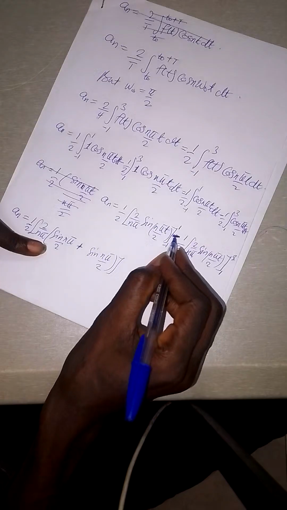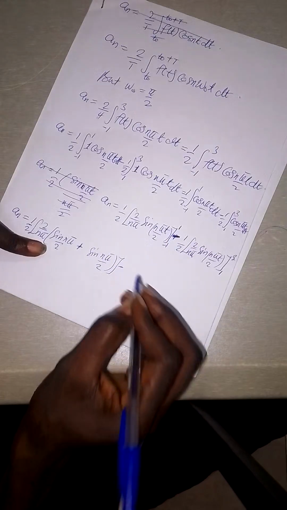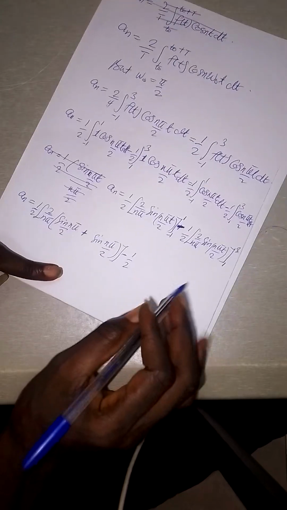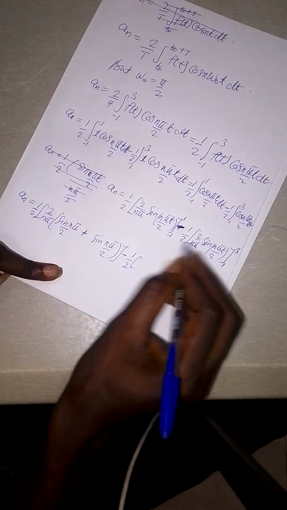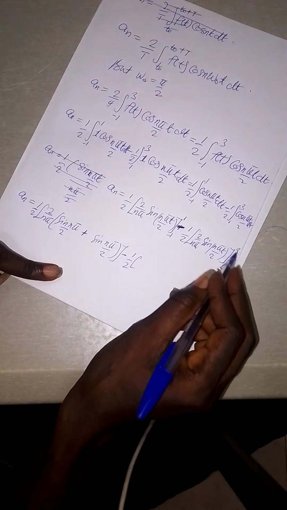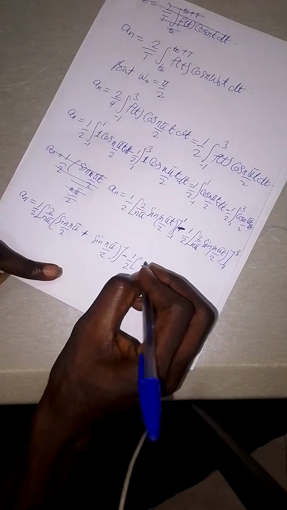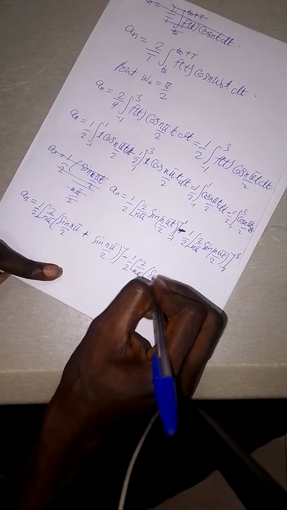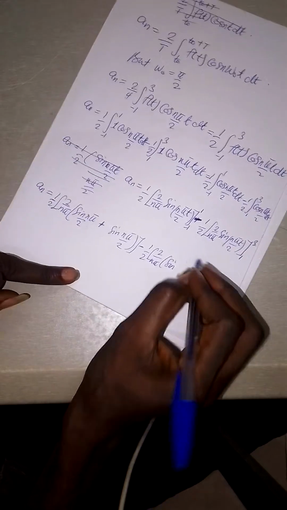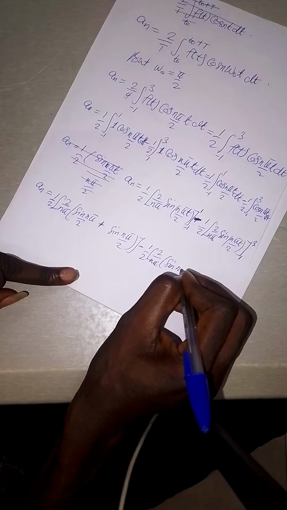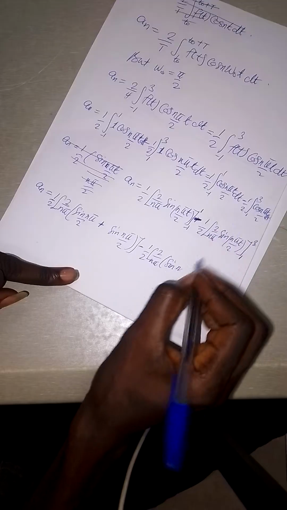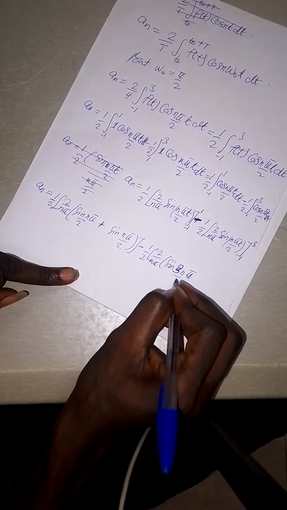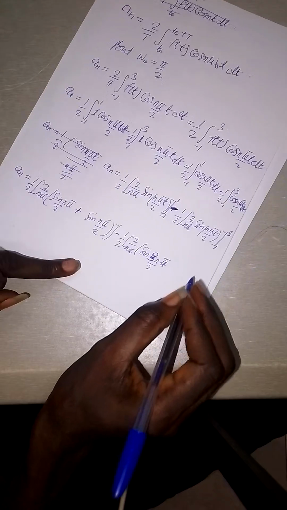Now this minus, I'll bring it again. So now if I bring that minus, this 1 over 2 will come here, and then let me bring this one. You introduce the upper limit first. So 2 over n pi into sine 3 n pi over 2.